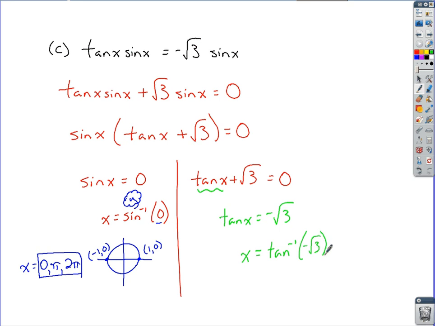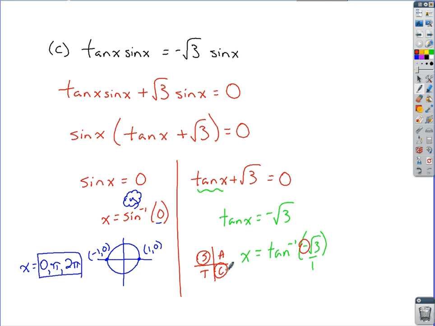This is one where it looks like triangles would work because we'd have a ratio of negative root 3 over 1. We'd also appreciate that we do have the negative here. So since we have a negative there, and we're talking in terms of tangent, tangent would be positive in the first and third quadrants, so it'd be negative in the second and the fourth. Those are the 2 that we take.